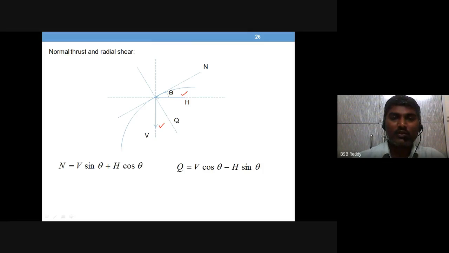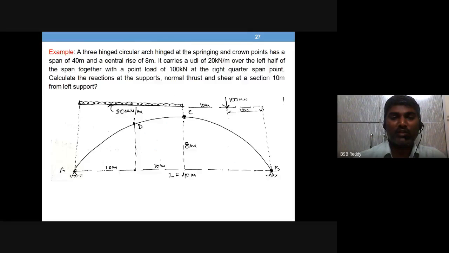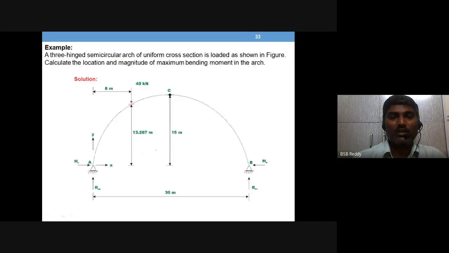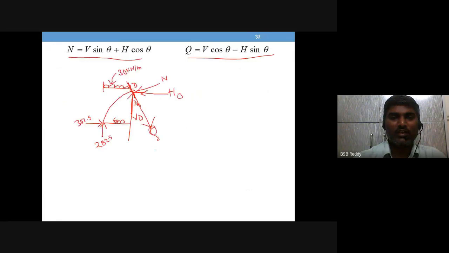Q and N directions you will anyhow get with a positive or negative value. The H that I have taken is towards left, V is taken downwards. So let me match those directions. Quickly, right. Let me change that direction. Now let us see.